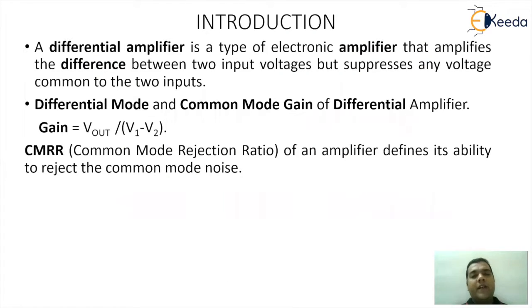Before we actually go to circuits of differential amplifier, we need to understand that a differential amplifier is a type of electronic amplifier that amplifies the difference between the two input voltages. This is the main important property: it's a network with two input points.